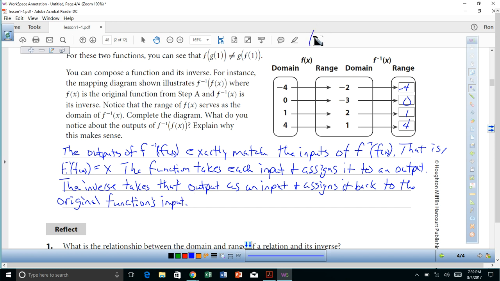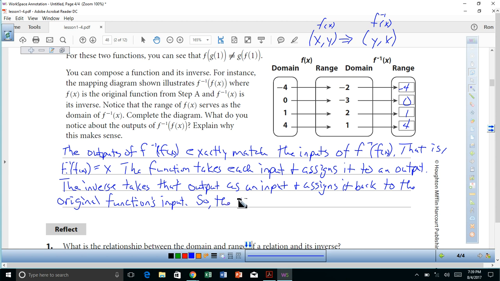Basically what I'm saying is (x, y) becomes (y, x). And this would be f of x, and that would be the inverse of f of x.